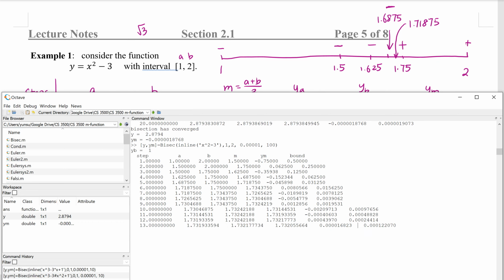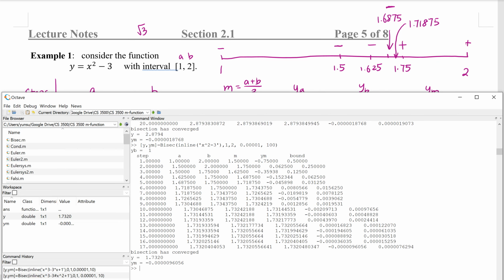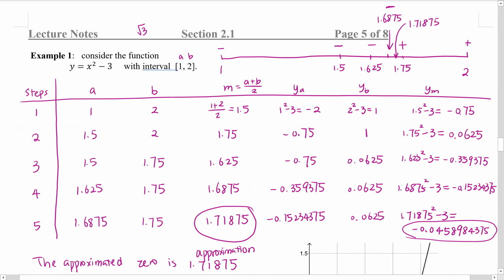Okay, and we enter it. Oh, we get to the 5th step. So the m is 1.71875, and this is my ym, and you can see it matched with our answer.